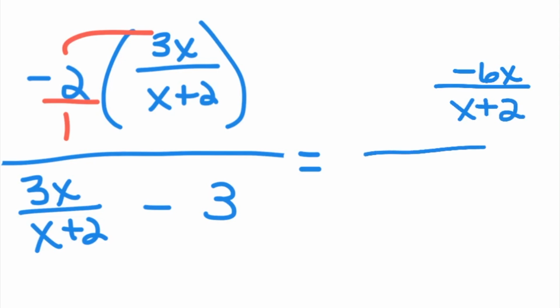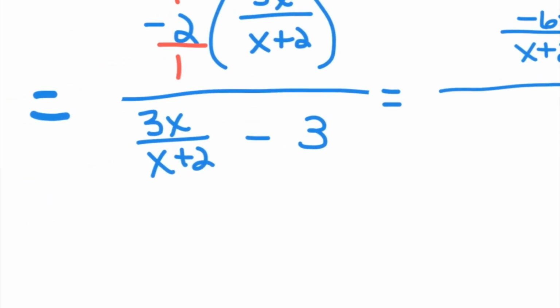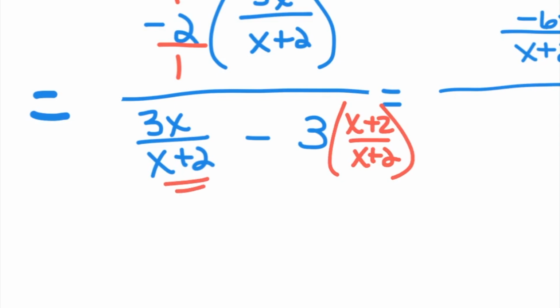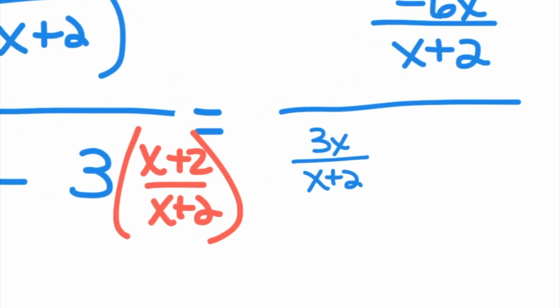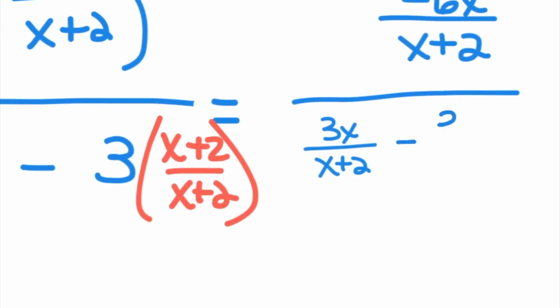And then for my denominator, I want like common denominators, and so I want to multiply that by x plus 2 over x plus 2, so that now my common denominator is this x plus 2. And I've got 3x over x plus 2, and then minus 3 times x plus 2 over x plus 2.